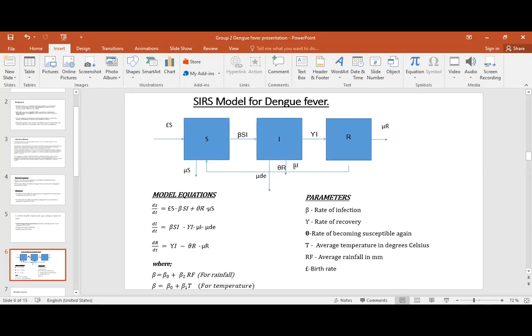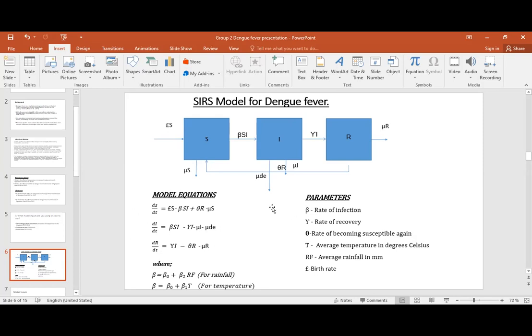Then we have mu I as the rate of death among the infected due to natural causes, and mu DE is the rate of death due to dengue fever among those that are infected, and mu S is the rate of death in the susceptible population due to natural causes.